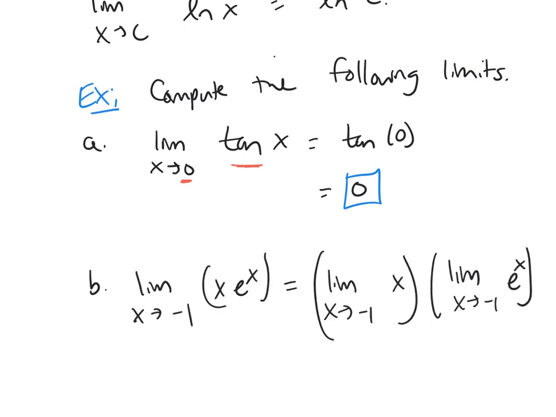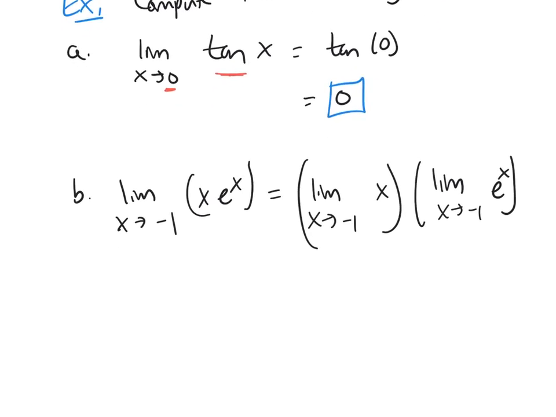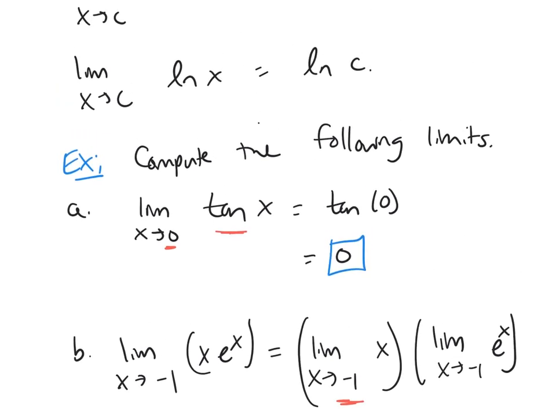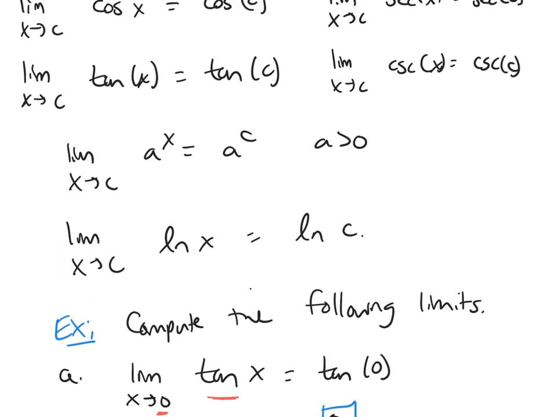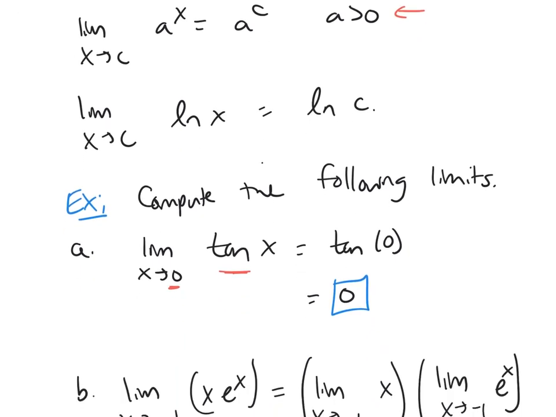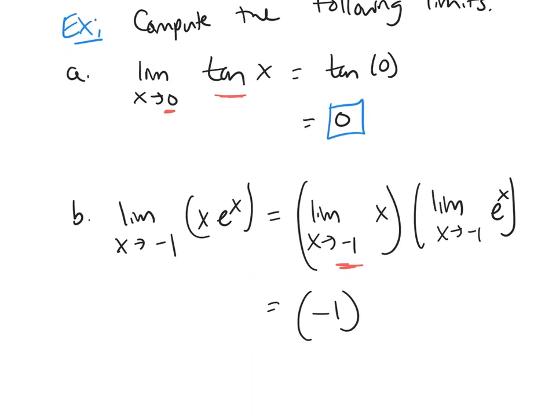This first one is a polynomial, so you can just plug in -1. And then this e to the x matches our exponent rule from back here, so I can just plug in -1 in place of x. So this limit would be -1 times e to the negative first, and then there's my limit overall.